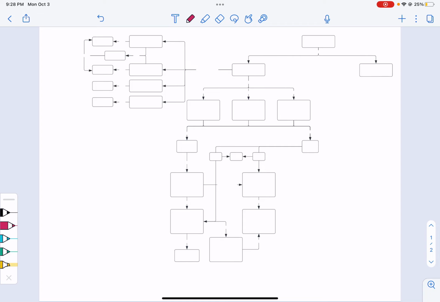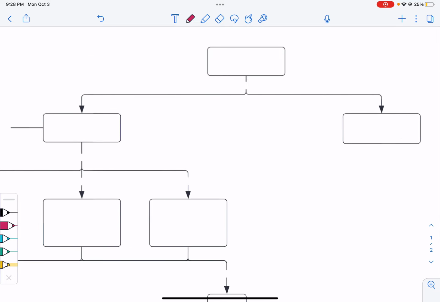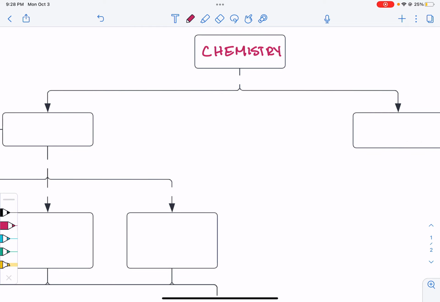So this concept map we're going to use to take us through measuring matter and classifying matter. We're going to start up here at the beginning with the center of all of this, which is chemistry. And we divide chemistry into two parts.